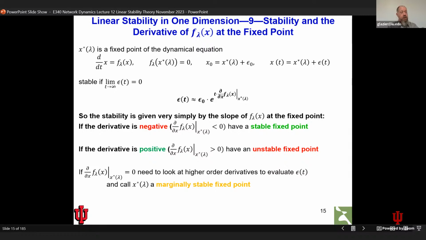If the slope of f at the fixed point is negative, we have a stable fixed point. If the slope is positive at the fixed point, we have an unstable fixed point. And if the slope happens to be 0, we have what's called a marginally stable fixed point, and then we can't linearize. And so we don't really know what's going on. We have to look at other things.